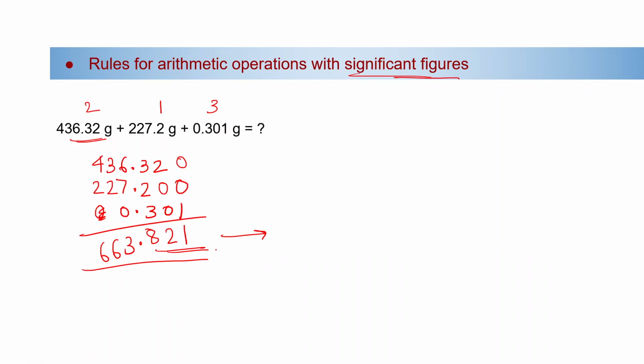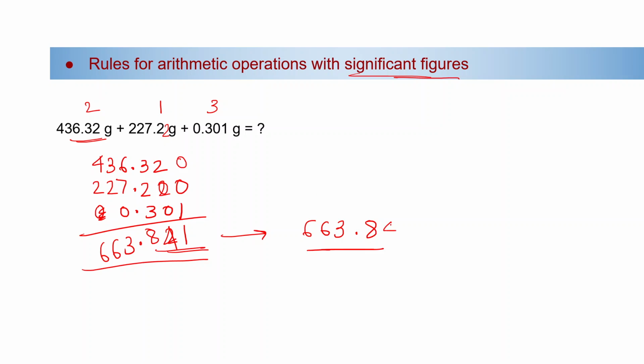So in my final answer also, I should report it with the least decimal place. If this were up to 2 decimal digits, say 227.22, then of course I'd add whatever it becomes, and my final answer could have 2 decimal digits.